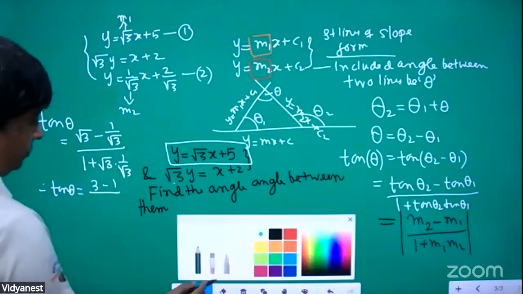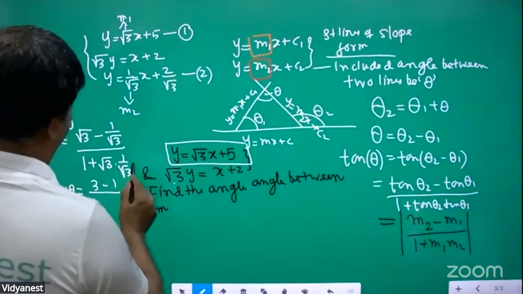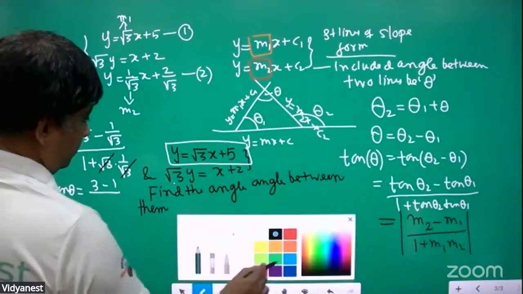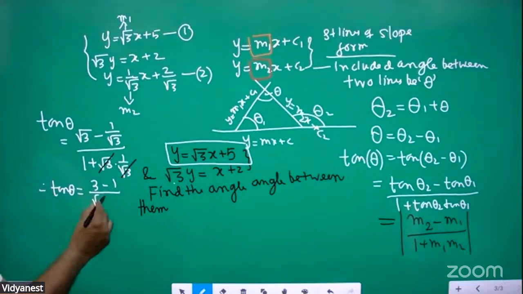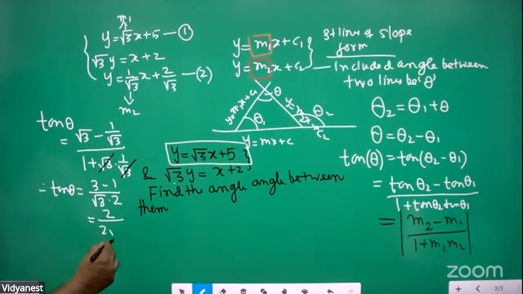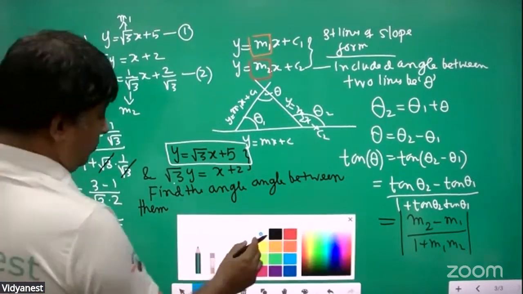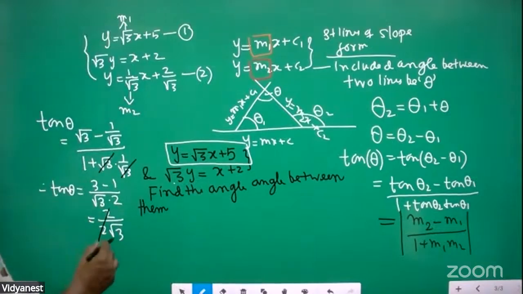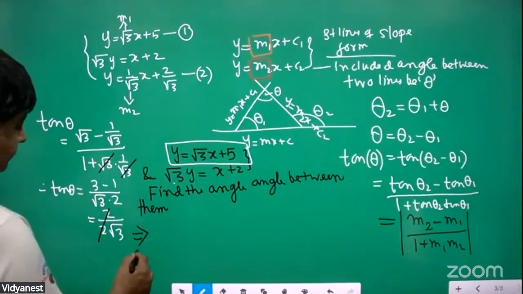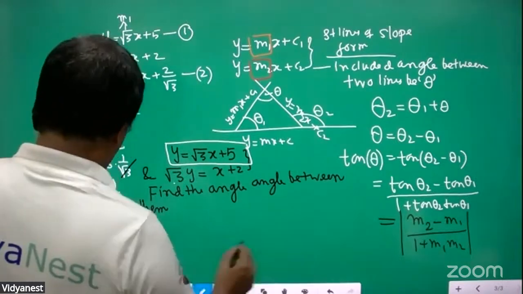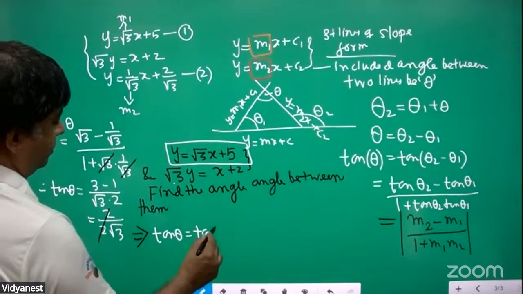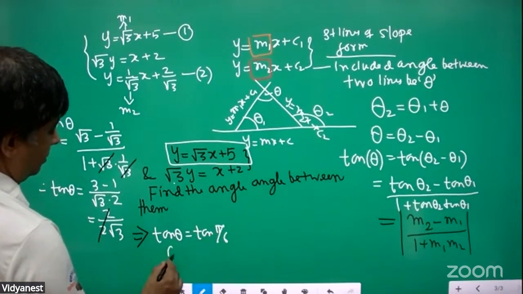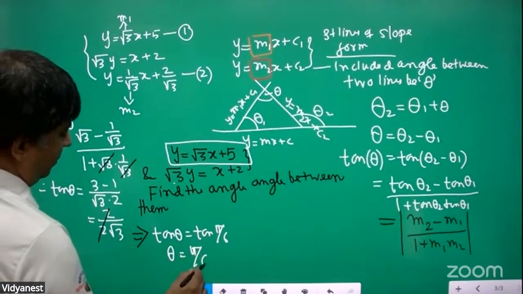Here root 3 cancels, and two cancel. So tan theta is 1 by root 3, which means tan pi by 6. Theta is equal to pi by 6. Understand?